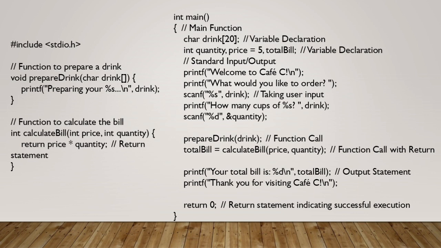Then a function to calculate the bill, which does price into quantity and returns the result. And we can have the main function. The execution starts from the main function.